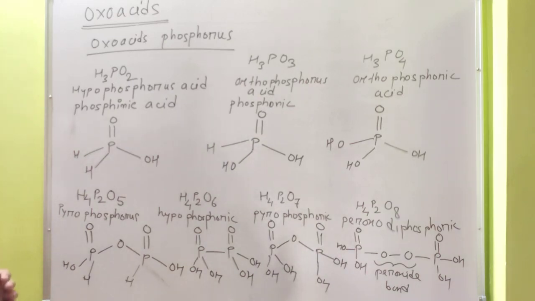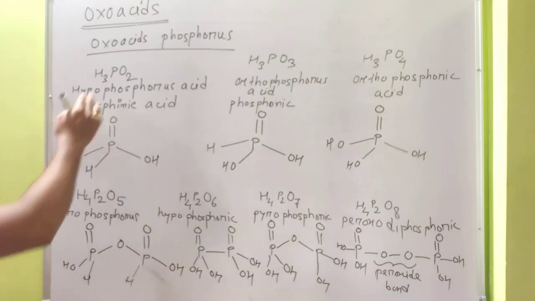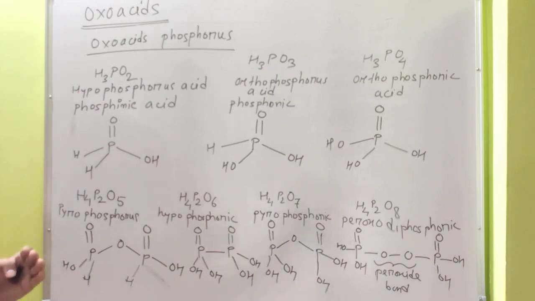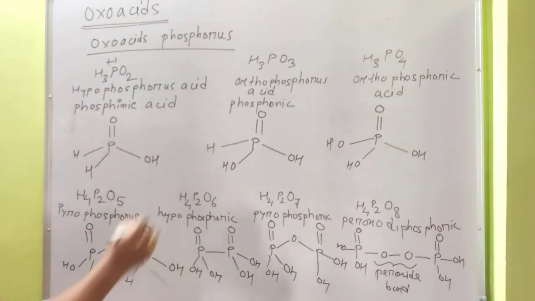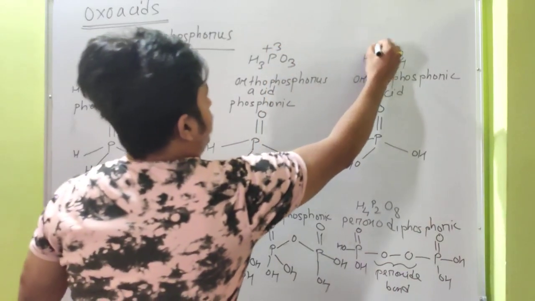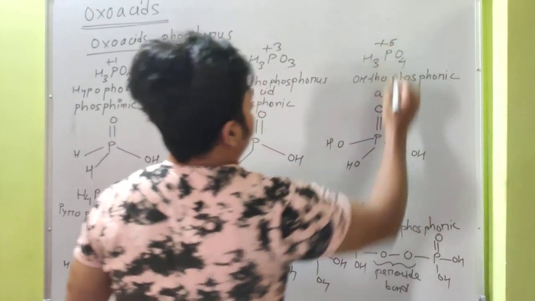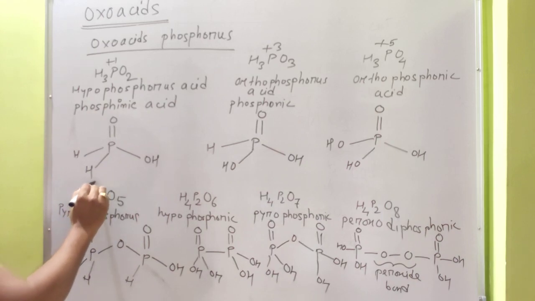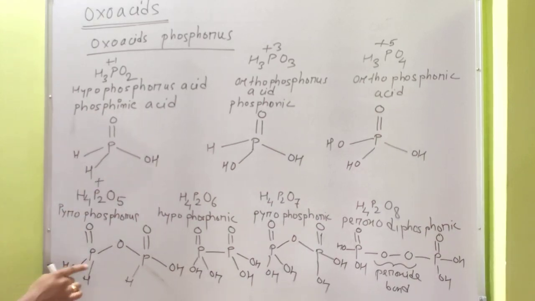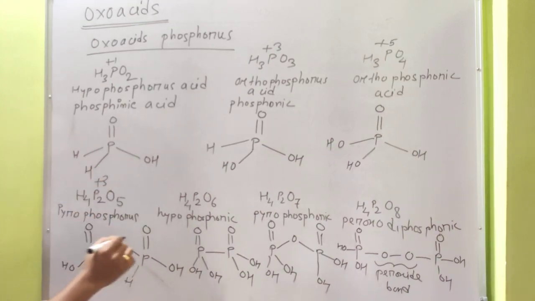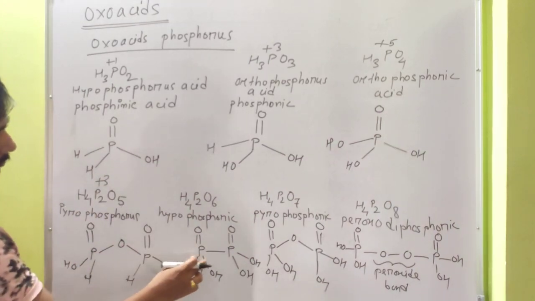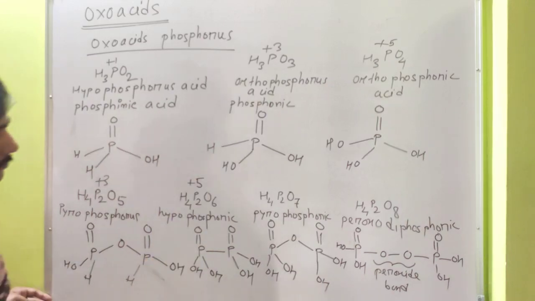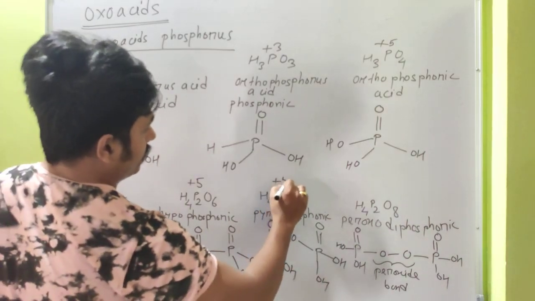Next, we discuss their oxidation state. In this case, if you calculate the oxidation state of phosphorus by the oxidation rule, you will get +1. Here you get +3. Here you get +5. Here you get how much? 1, 2, 3, 4, +3. Here how much? +5. In this case +5.